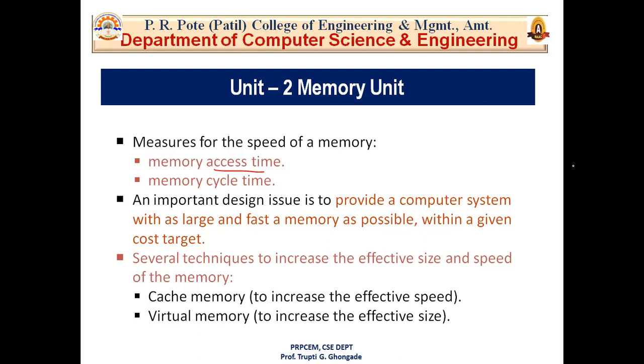We will see it in detail when we come to that topic. But right now, just understand that in virtual memory, we use a memory management technique for address translation from physical addresses to logical addresses. And as I told you, virtual memory is used to increase the apparent size of physical memory.